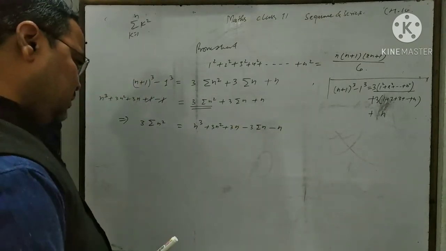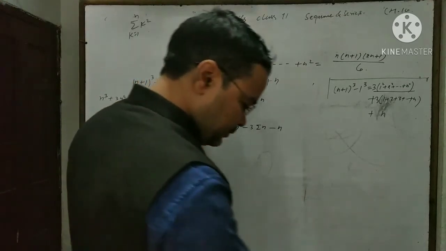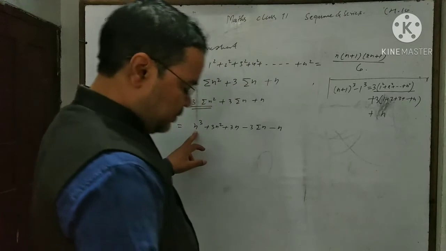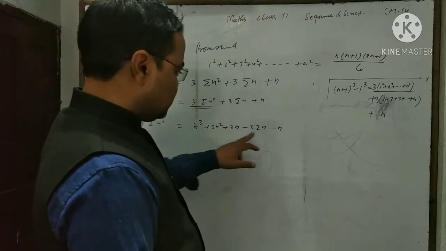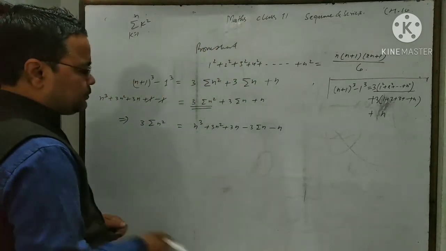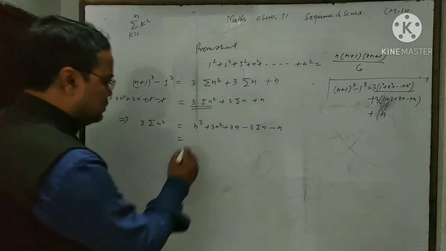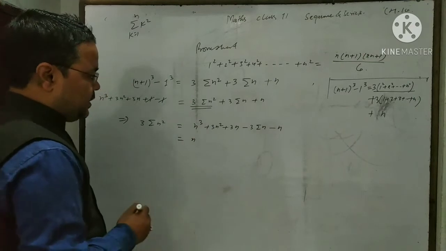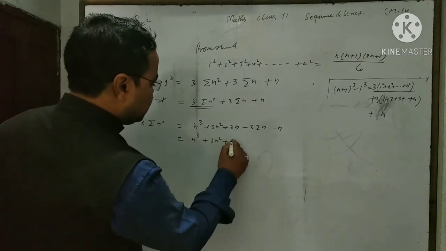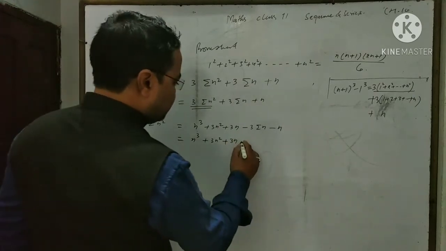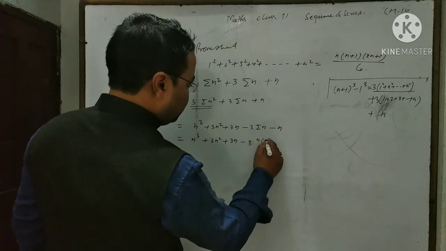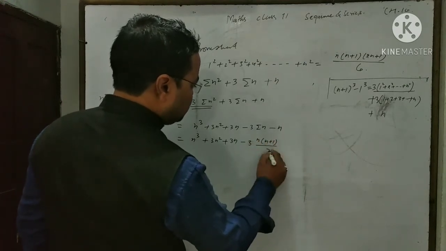Very simple. n³ plus 3n² plus 3n minus this and this. Now the next step, n³ plus 3n² plus 3n. Now how can we write this? Sigma n can be written as n into (n+1) by 2, minus n.